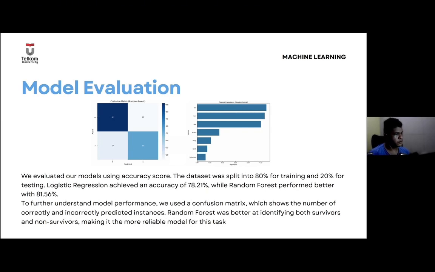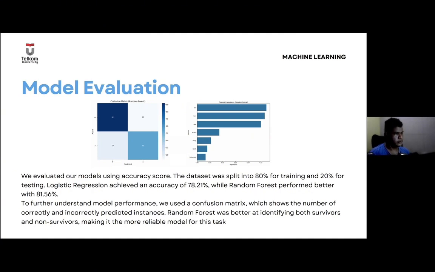Now let's look at our model evaluation results. We assess our models using accuracy as our primary metric, with the dataset divided 80/20 for training and testing purposes. As you can see, we compared two models. Logistic regression achieved 78.21% accuracy, while random forest performed better with 81.56% accuracy. The confusion matrix on the left illustrates why random forest is superior.